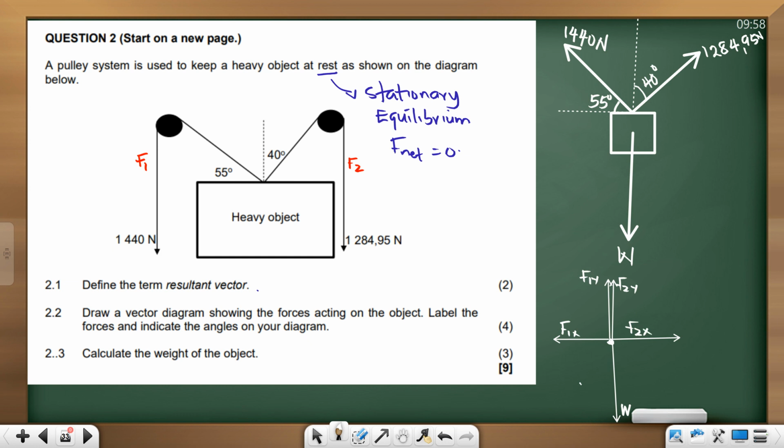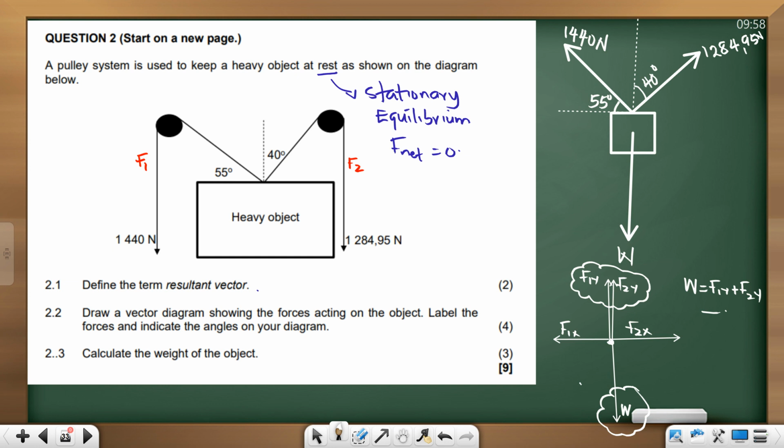Because the system is at equilibrium, what do we know? The total up should be equal to the total down. So W will be equal to what? F1y plus F2y. You need to do that and get the values. Give me a thumbs up if you are okay with my explanation, because we're finishing the class now, but I have explained what to do. Can you see it's just basically the same? Awesome.